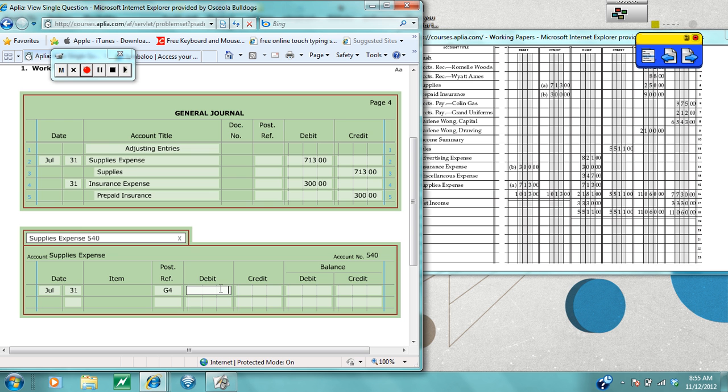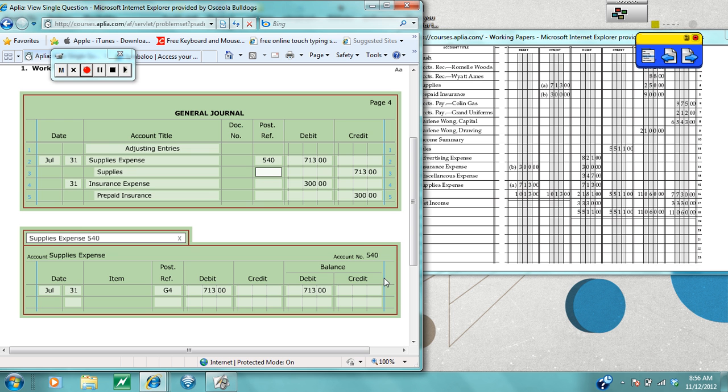And we carry the balance over, $713. Then we take this account number and we put it on supplies expense. Okay, then you post to supplies.